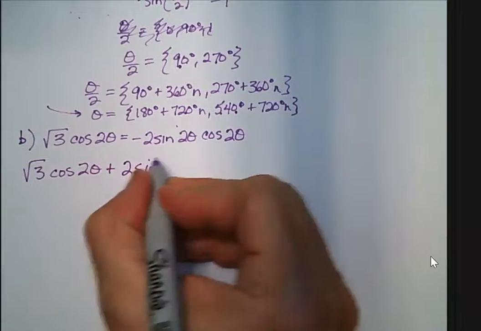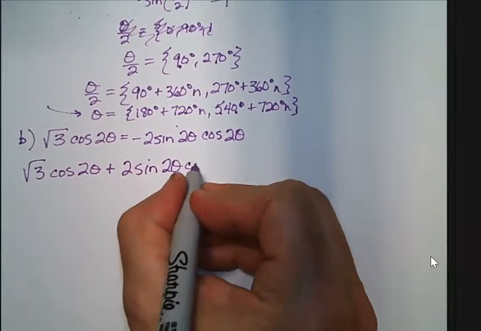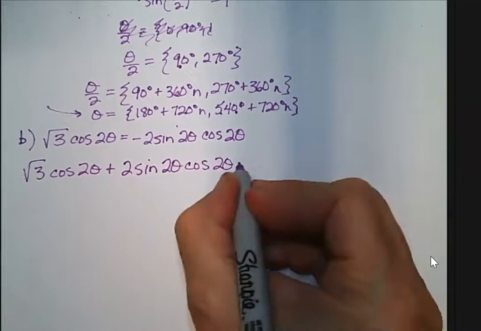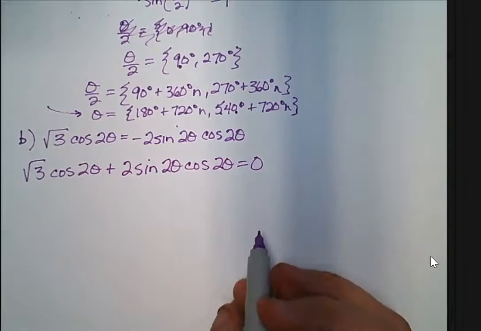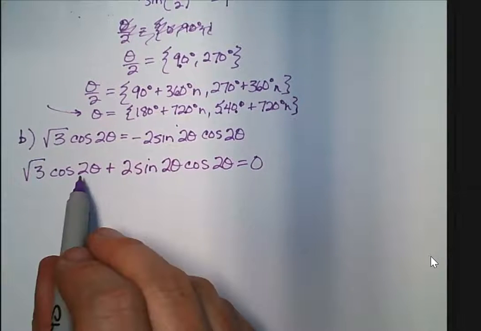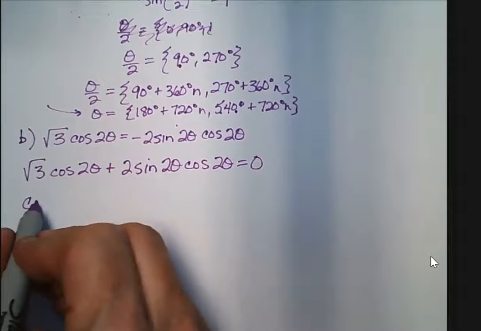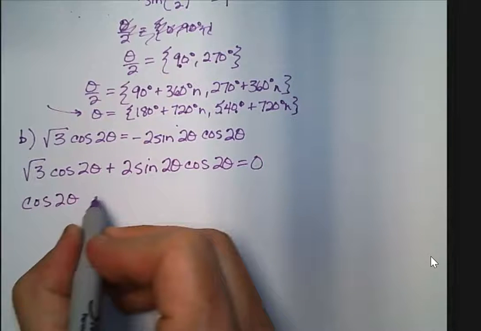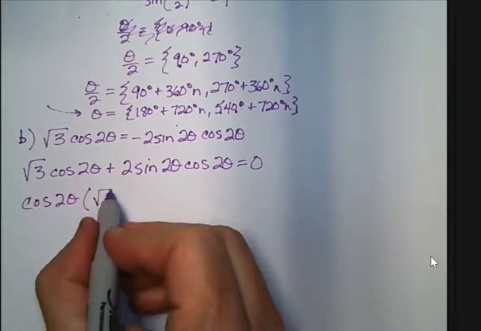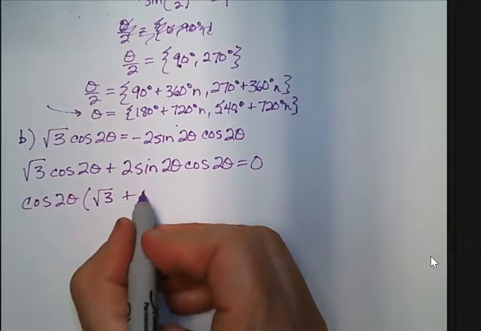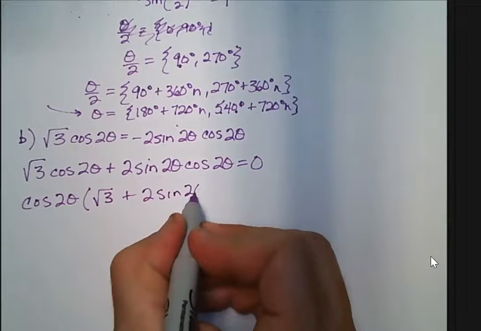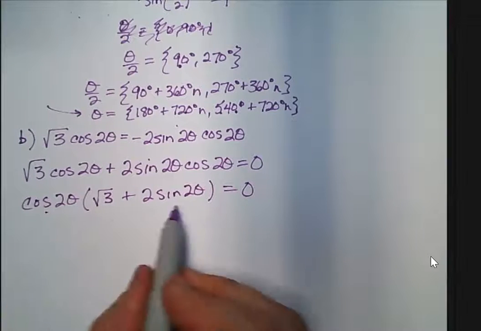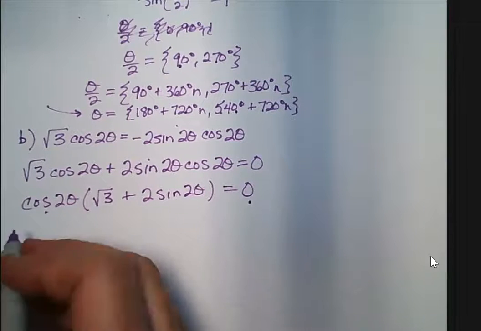That gives us plus 2 sine 2 theta cosine 2 theta. And then that gives us a 0 on this side. Now we can factor out that cosine of 2 theta. What we have left from here is the square root of 3. From here we have 2 sine 2 theta. Now we can take each one of our factors and set it equal to 0.